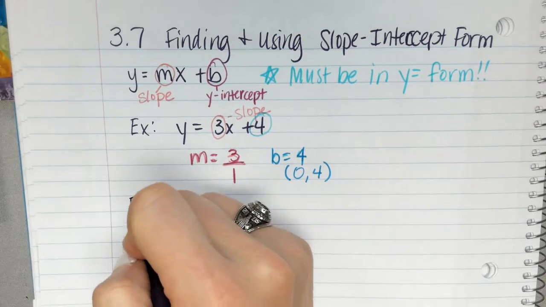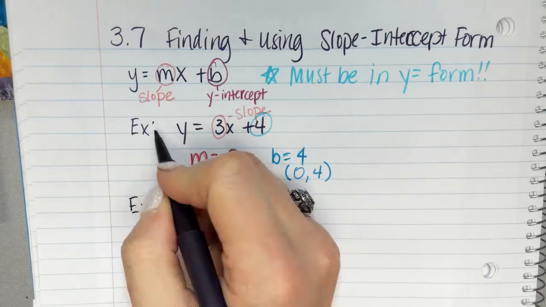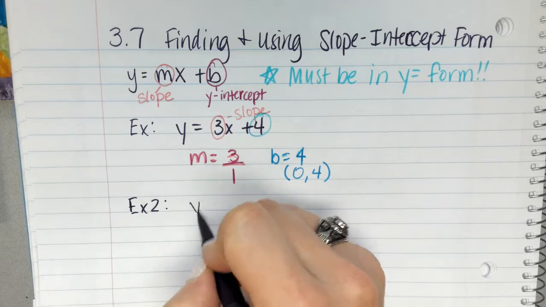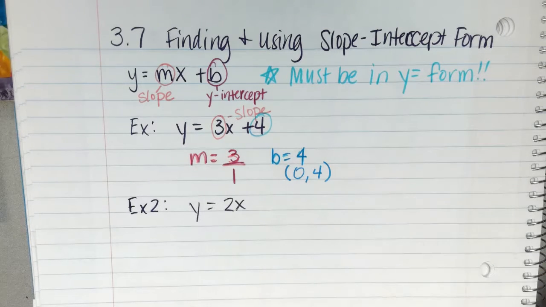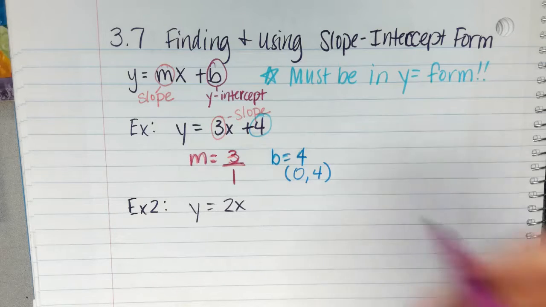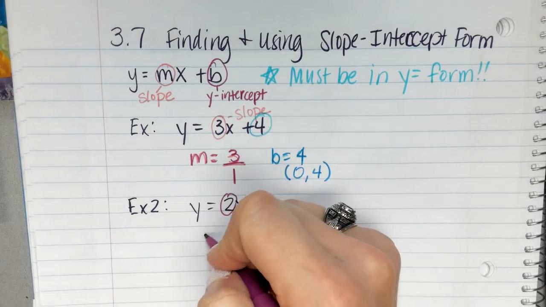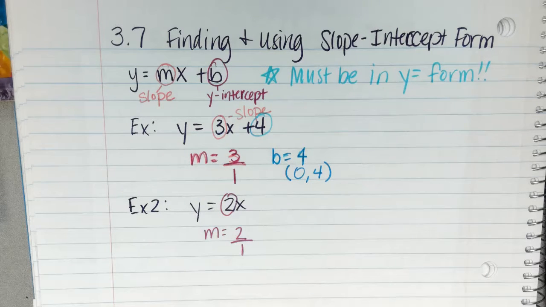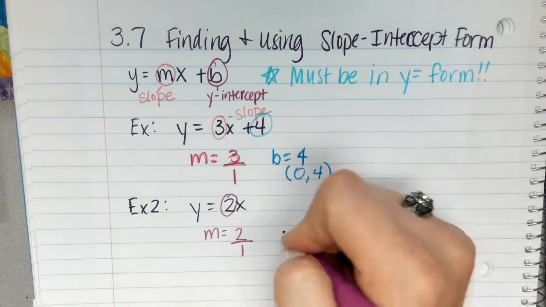Let's do another one. Example 2. Y equals 2x. Circle your slope. Yep, your slope is going to be 2. Got to put it in a fraction form. It's 2 over 1. The rise is 2. The run is 1.